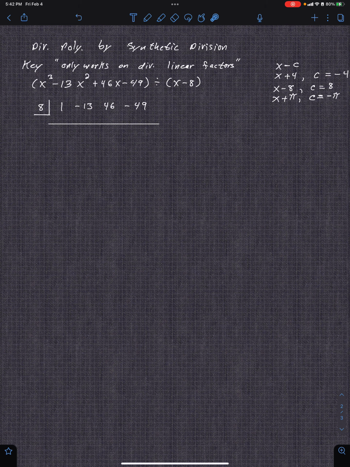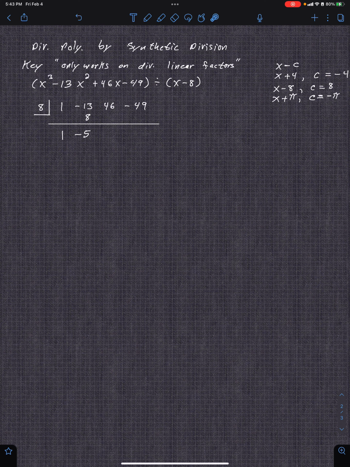And then you take your 1 and you bring it down. So you take the 1 and you put it here. And then you multiply 8 times the 1 and put it here, which is 8 in this case. And then you add those two together and you get negative 5.